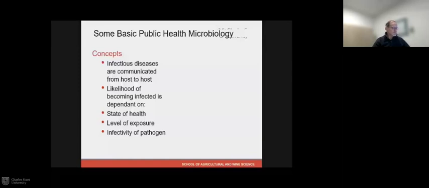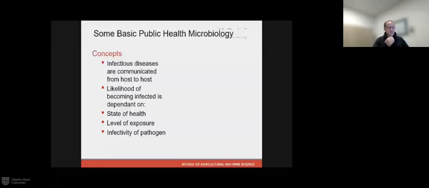What else? The likelihood of becoming infected is dependent upon a whole bunch of different things. I'm sure you guys can think of some. I've just got a couple there: state of health, level of exposure, and the infectivity of the pathogen. Let's talk about what those are first. What's state of health?